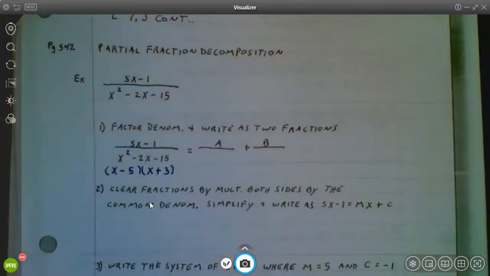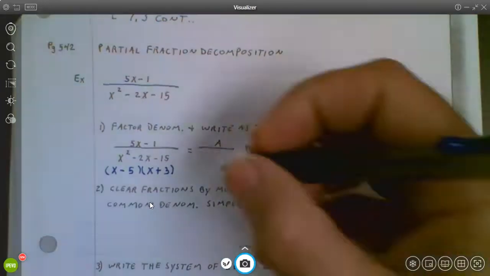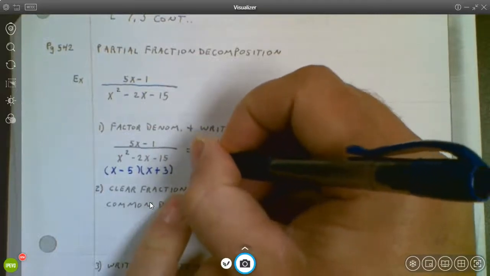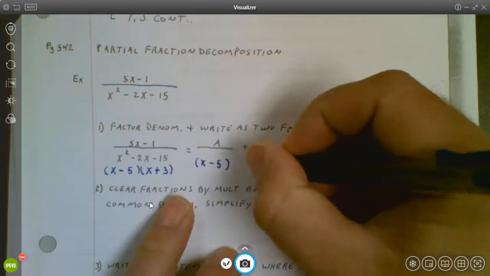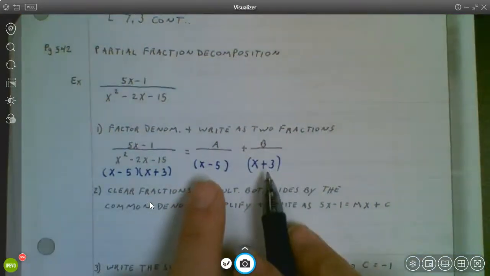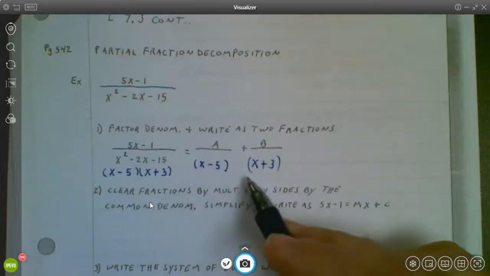This helps us identify the 2 original denominators that we must have started with. So one of these must have been the x minus 5, and the other must have been the x plus 3. That's where this all started, because at one point we had to bring these 2 together to create this common denominator. So this is the original look.